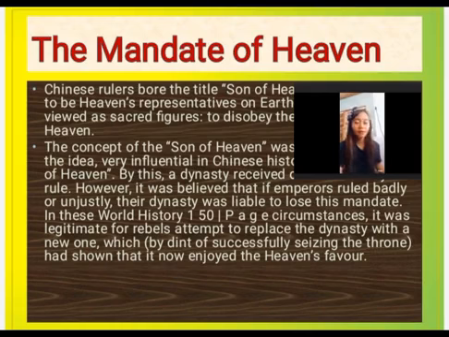A dynasty received divine authority to rule, but it was believed that if emperors ruled badly or unjustly, their dynasty was liable to lose this mandate. Rebels could then attempt to replace the dynasty with a new one that had shown it now enjoyed the heavens' favor.